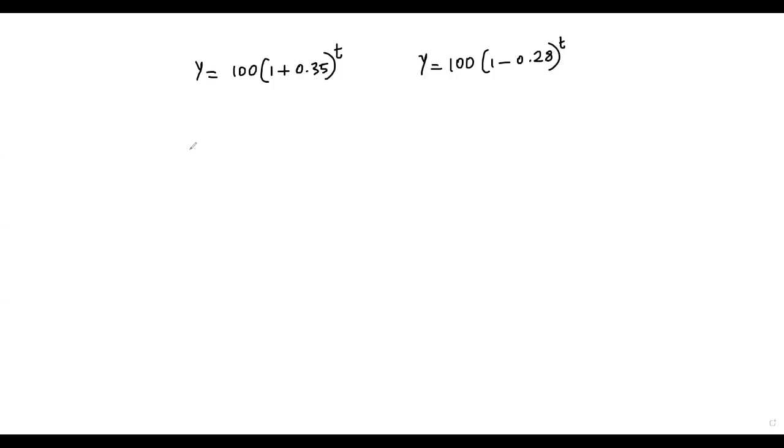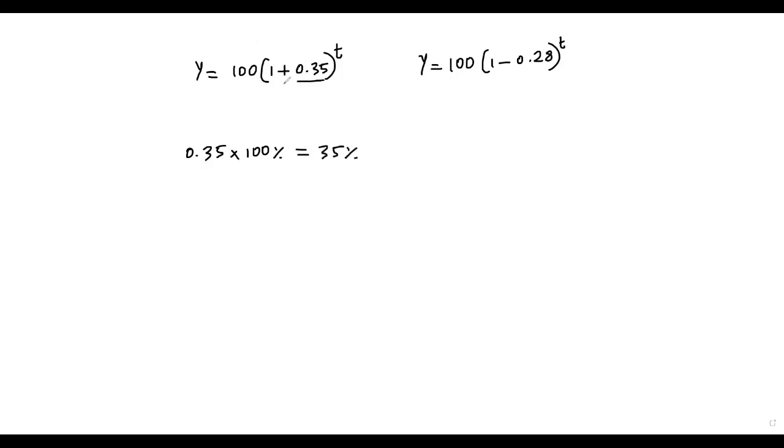Also, we have to find the growth rate. To get the growth rate, it's very simple: just look at the value here, 0.35. Let's convert this to a percentage by multiplying by 100, which gives 35%.